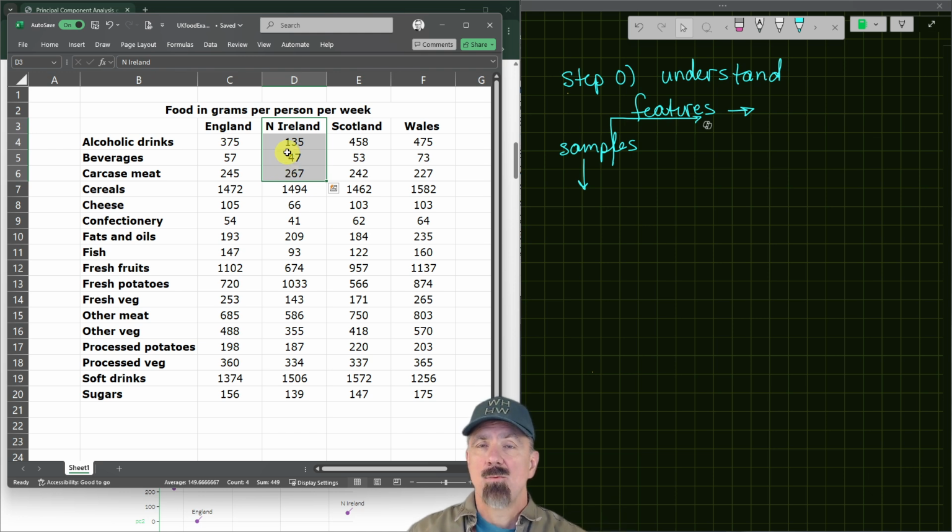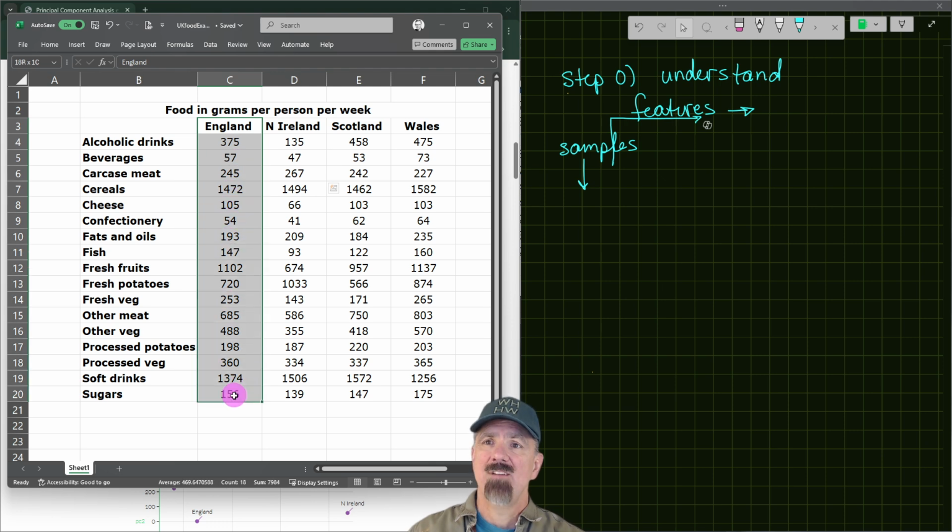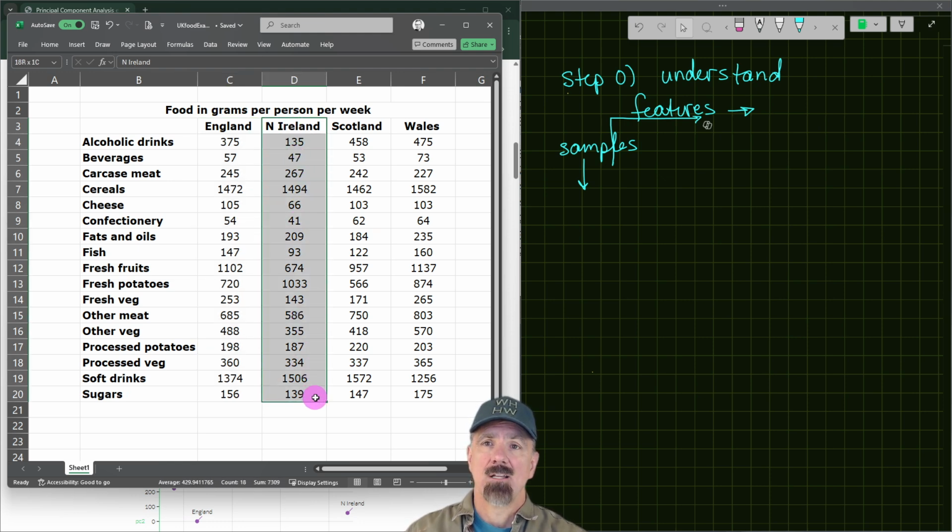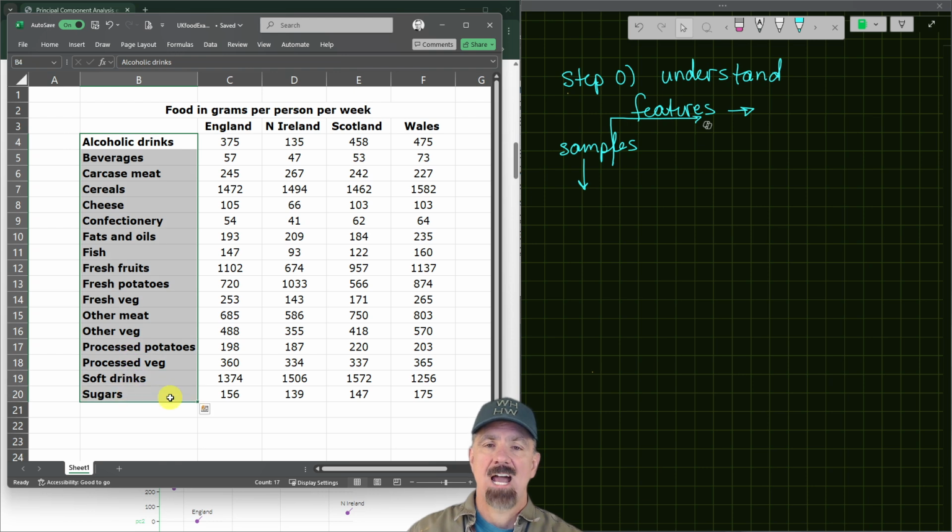It's pretty easy when we start to ask these types of questions to realize that for England, we've gathered all of this data. We have the data on 17 different food categories. And then the next sample is Northern Ireland, where we gather the same data. We could think about the samples are the countries. And the things that we are sampling, the features, are all of these categories of food.